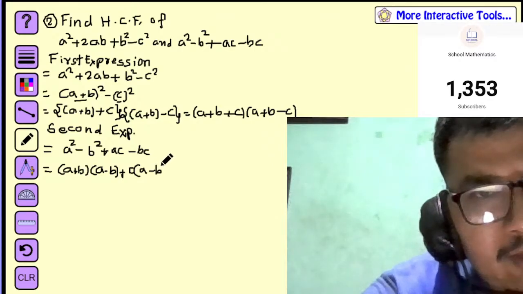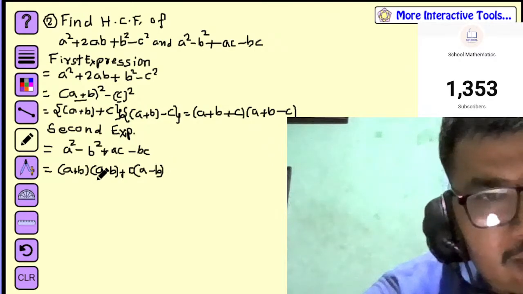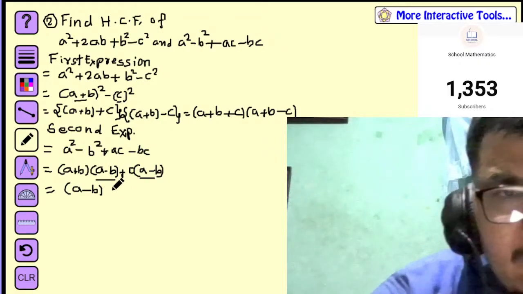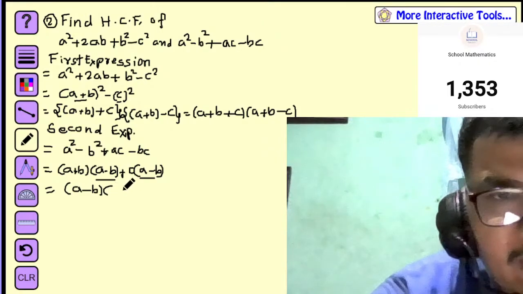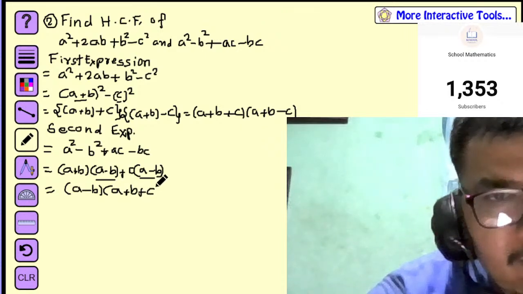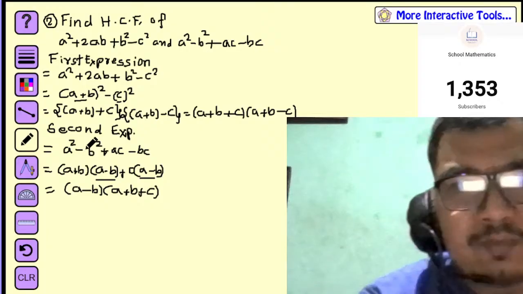Now look children, here is also a minus b, here also a minus b. Now we can take a minus b common, and what is remaining here children? There is remaining a plus b, and last there is remaining plus c, okay. These are the two factors for this expression.